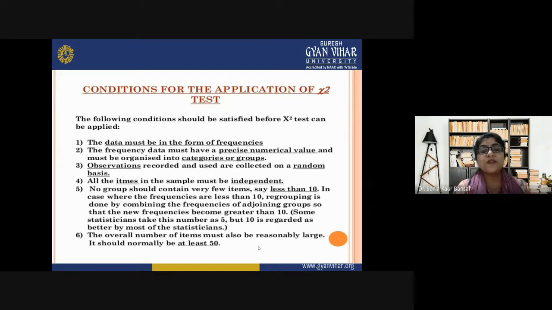Then observation is done on a random basis. Items in the sample are independent. Then no group should contain very few items, say less than 10. Okay, so these are some important conditions, students, which must be taken into consideration while we are applying the chi-square test.